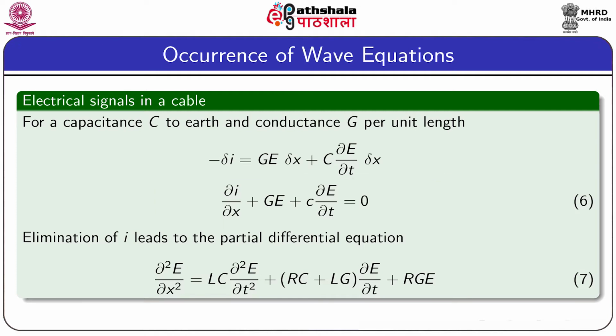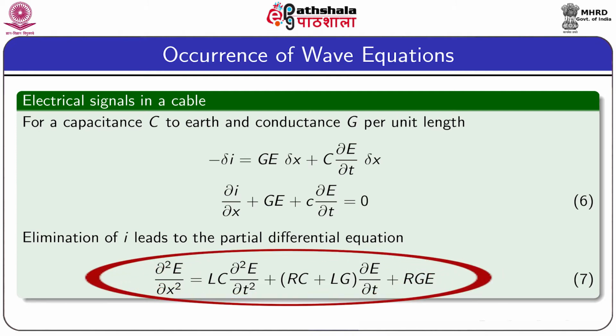Now, if we eliminate I from equation 5 and equation 6, we obtain a second order partial differential equation in E, which is written in equation number 7.